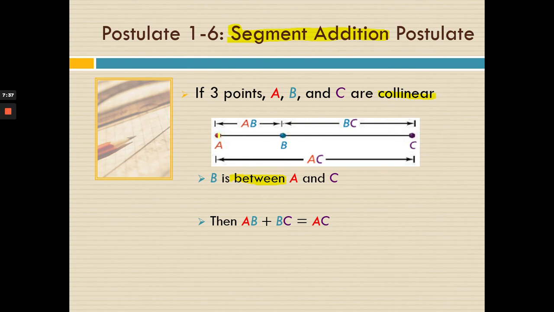AB, this length, plus BC, this length, equals the whole entire length altogether. So fill in those labels on the picture on your notes, and then put this equation in the blank space to the left of the picture on your notes.